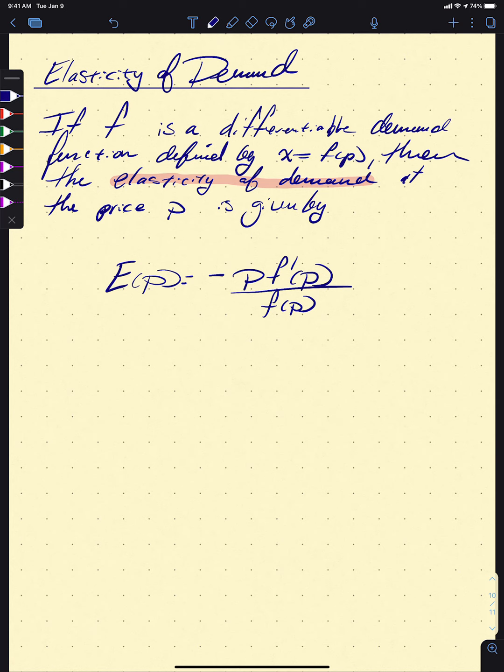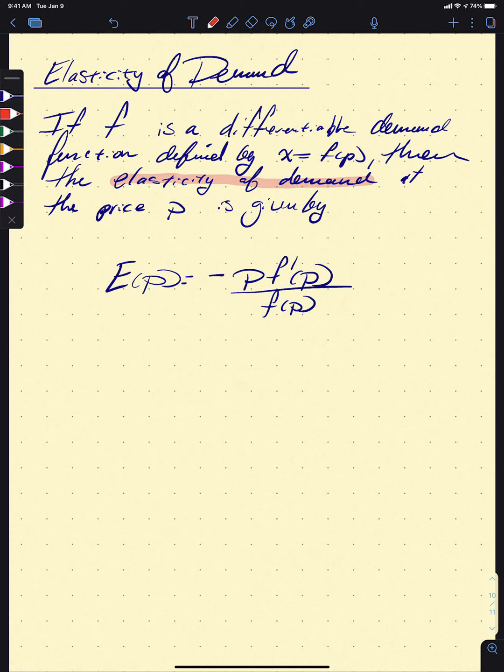Here's the idea of what we're looking at. We're looking at how changing the price changes demand at a certain price. So assuming we fix a particular price, how does our demand change around it?